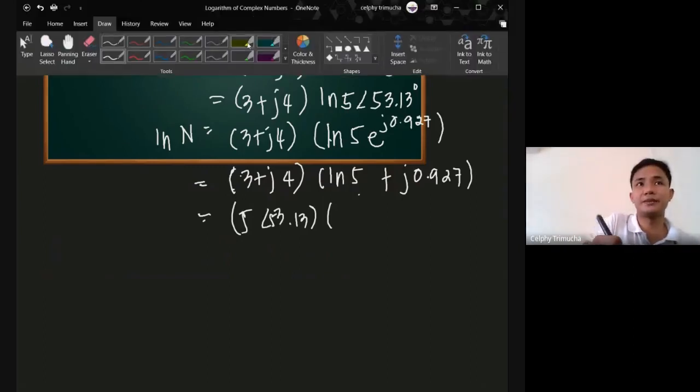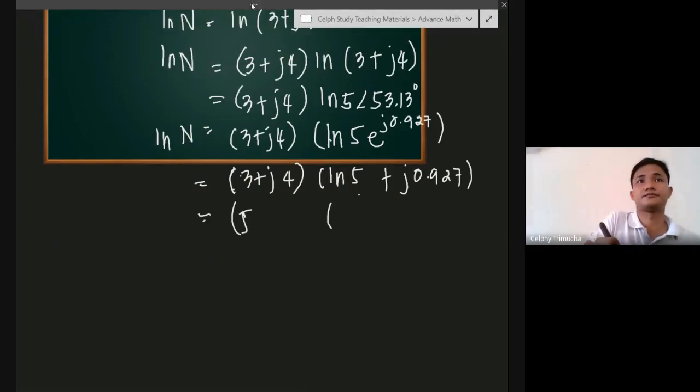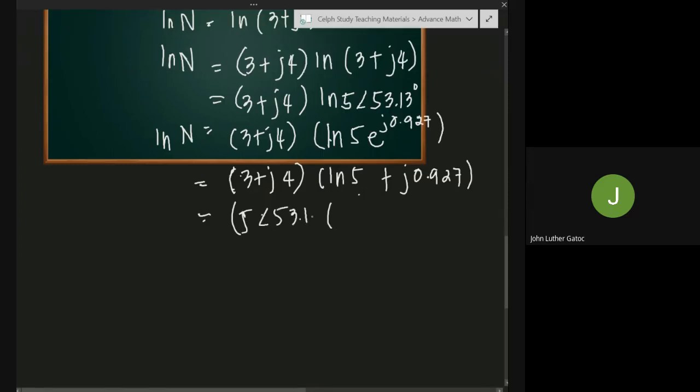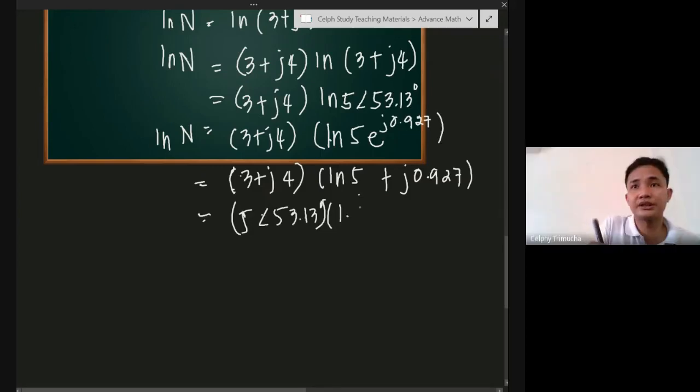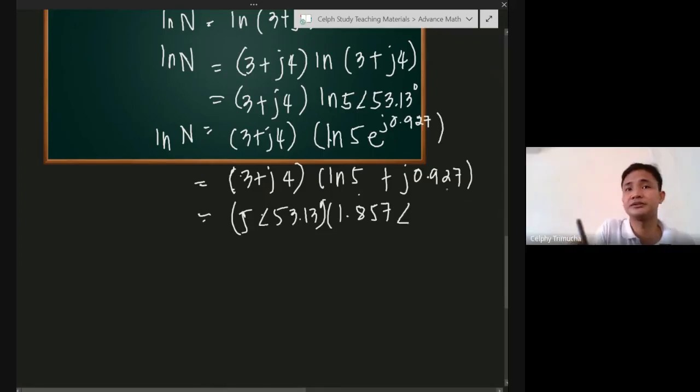Okay, so ln 5 plus j0.927 is 1.857 angle 29.94. So in our equation, we can multiply the two r's and then add the angles.